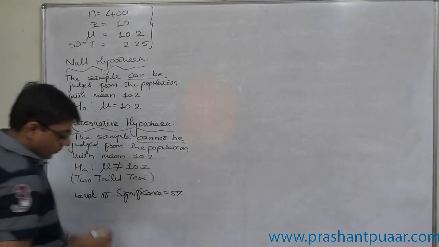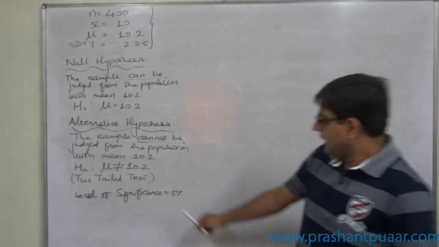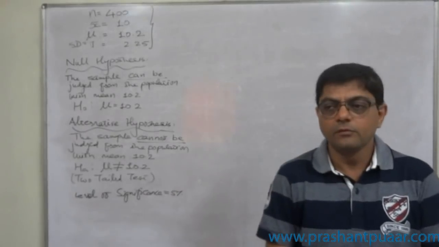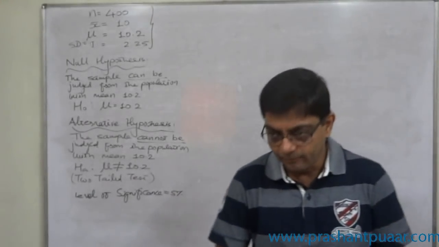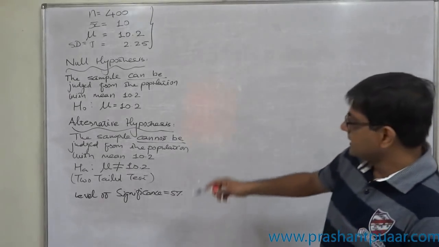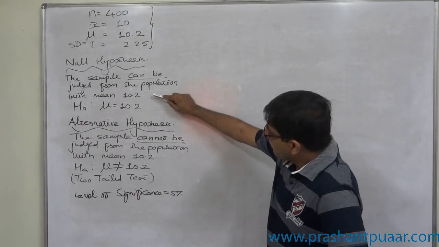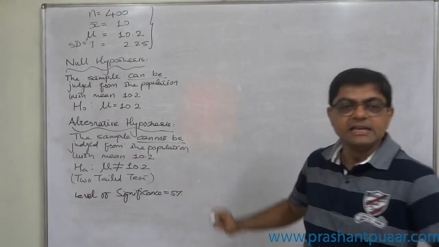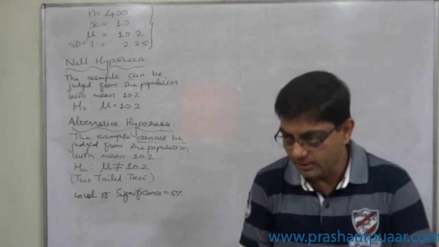So the next is level of significance, 5%. What is level of significance? Let us take it briefly. Level of significance means the probability of occurrence of type 1 error. Type 1 error is that even if the null hypothesis is true and we reject it, that is an error, known as type 1 error.